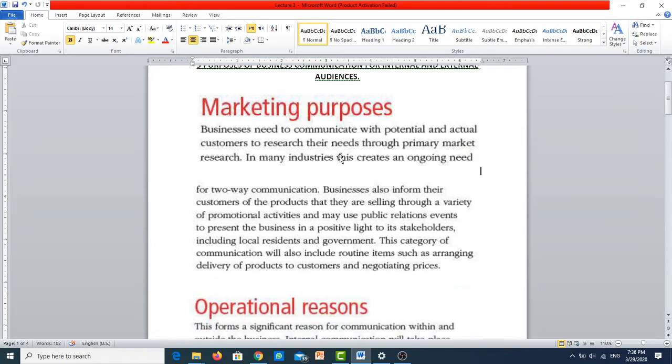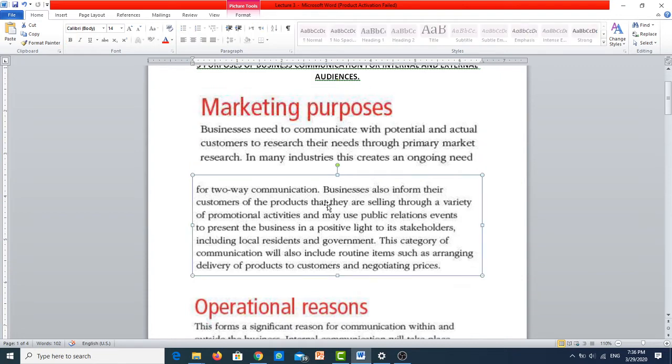business. Marketing purposes. Businesses need to communicate with potential and actual customers to research their needs through primary market research. In many industries, this creates an ongoing need for two-way communication.